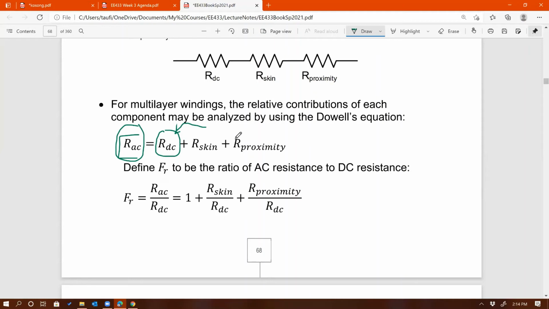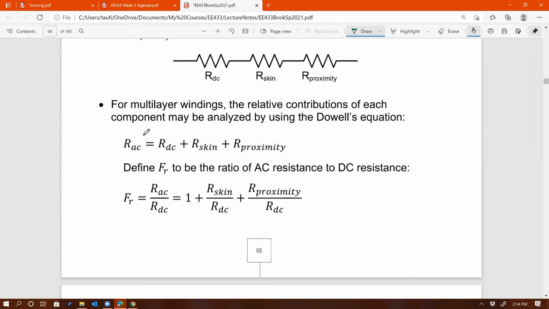Okay. So anyhow, again, in general, wire resistance consists of 3 different components: R_DC, R_skin, and R_proximity. And then if you divide both sides by R_DC, you get this parameter called F_R, which is the ratio of AC over DC.